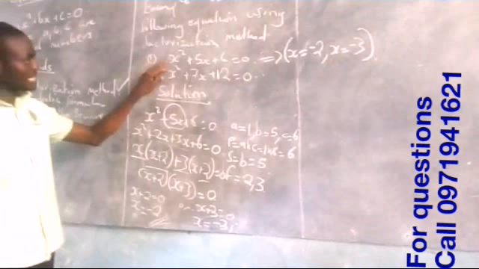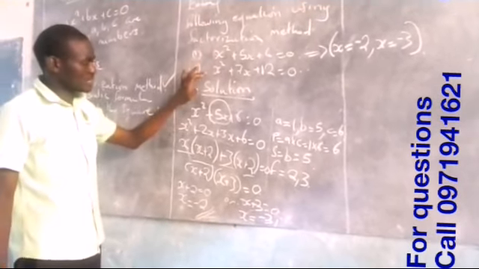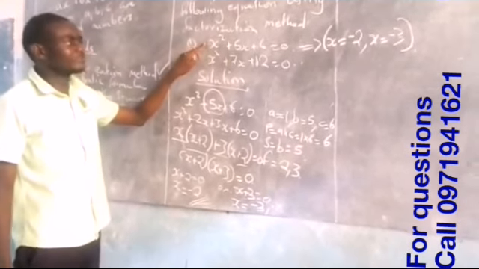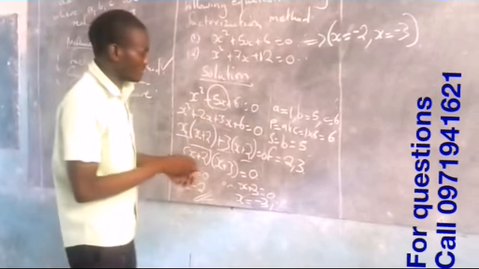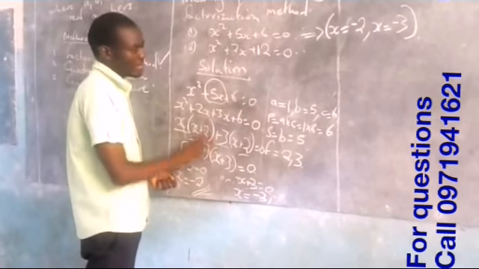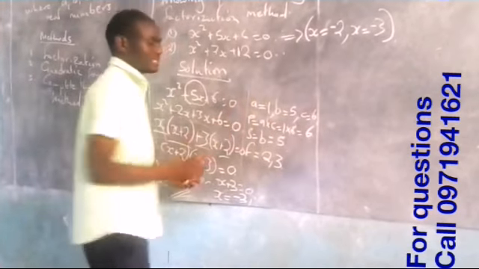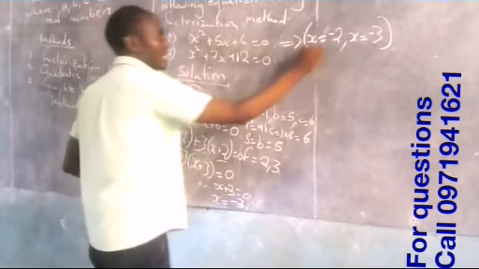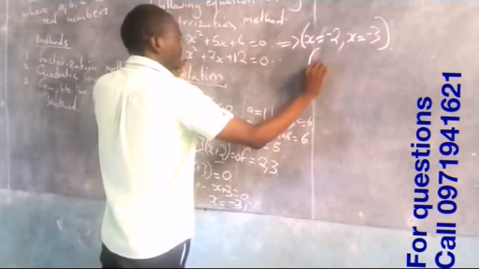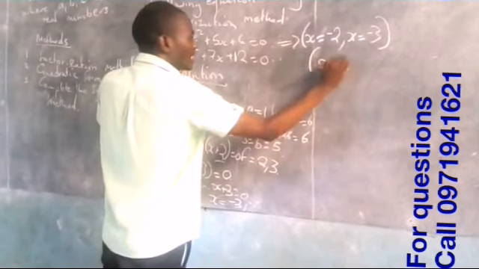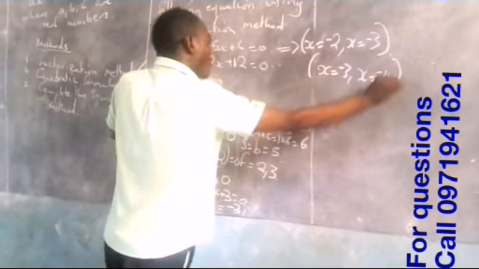I had written two examples here, and I have only solved one, but I want you to try solving the other by following these steps, and it must lead you to the following answers: x is equal to negative 3 and x is equal to negative 4.